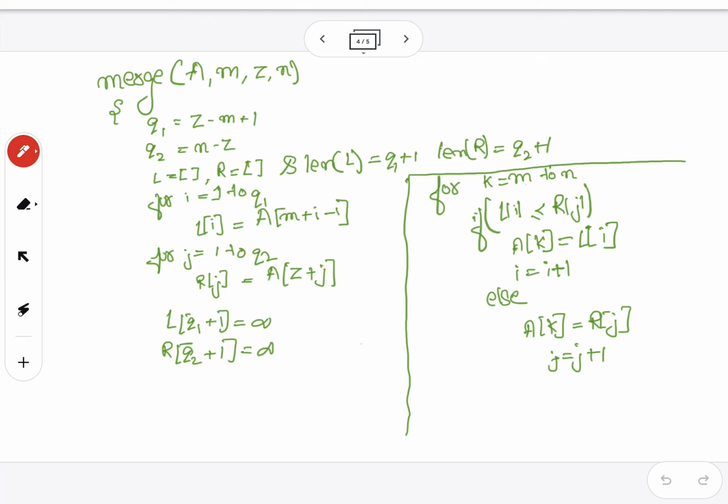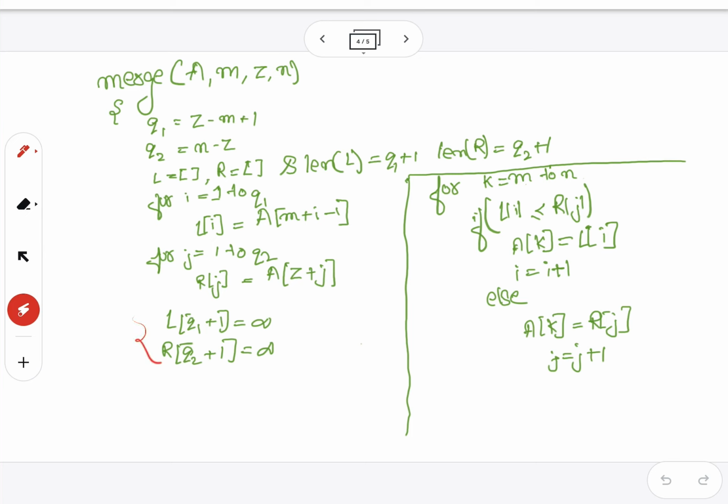Now this is the algorithm of merge. So here also the array has been given. M is the initial index, Z is the middle point, N is the ending index of it. Then it takes some sizes, initializes some arrays, then does some for loops.